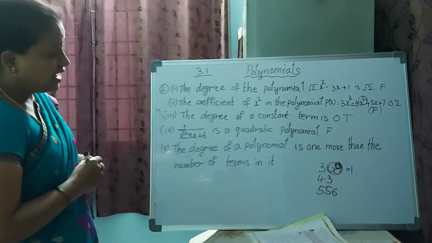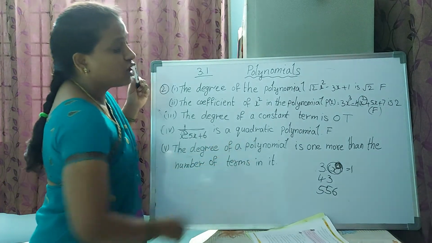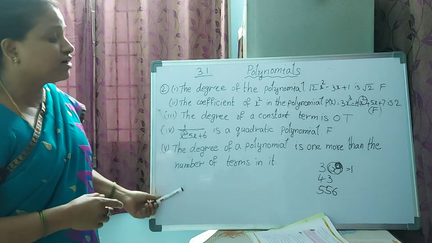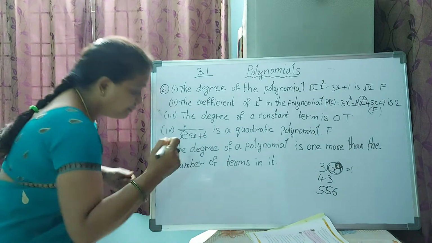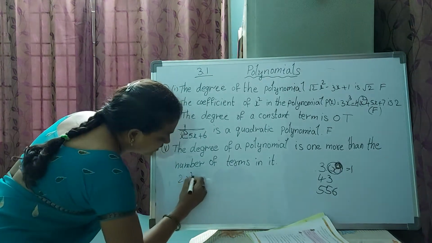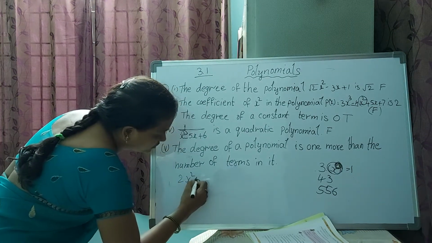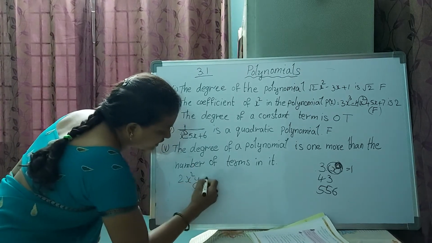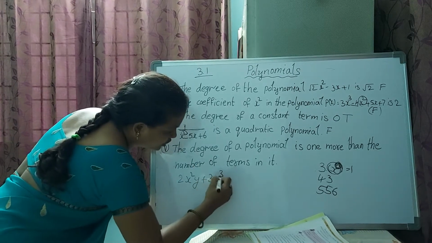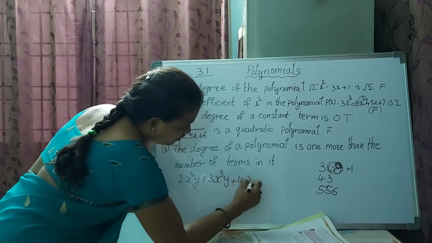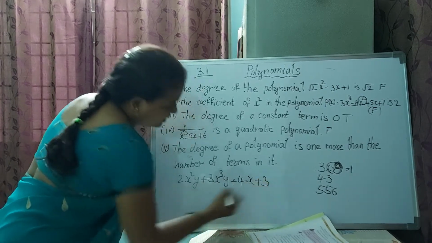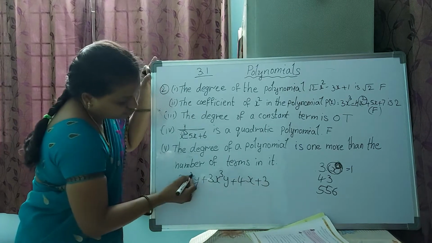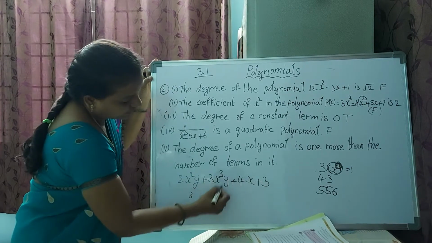Next, the degree of a polynomial is 1 more than the number of terms in it. For example, see 2x square y plus 3x cube y plus 4x plus 3. See what is the degree of this one? 2 plus 1 is 3, 3 plus 1 is 4.